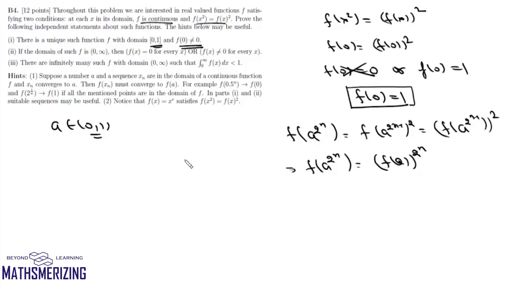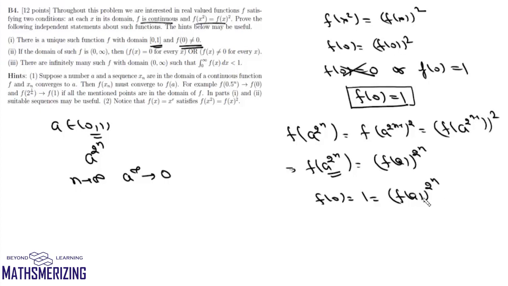Now we consider the sequence of numbers which are of the form a^(2^n). As n tends to infinity, since a lies between 0 and 1, this value approaches 0. So if we take the limiting value of this function, then it'll be simply f(0), and we know that the value of f(0) is 1. So we can write f(0) as the limit of (f(a))^(2^n).